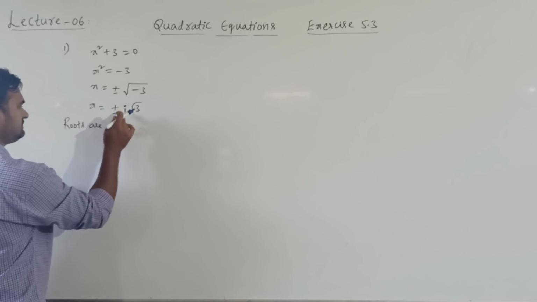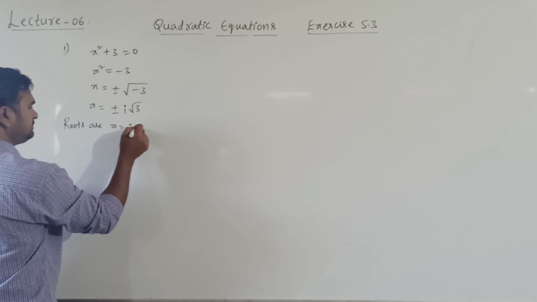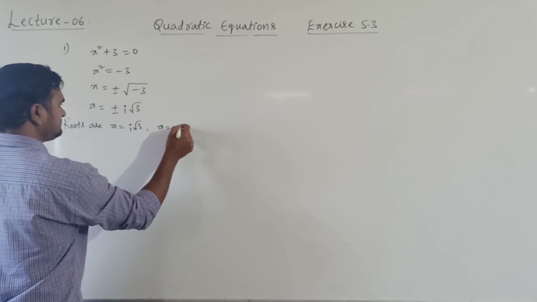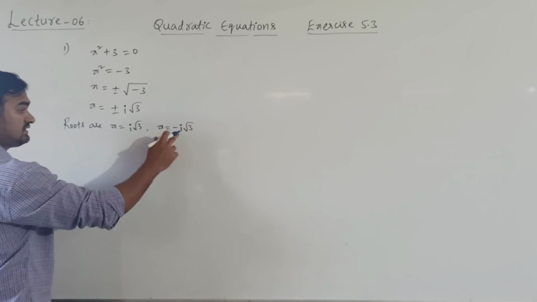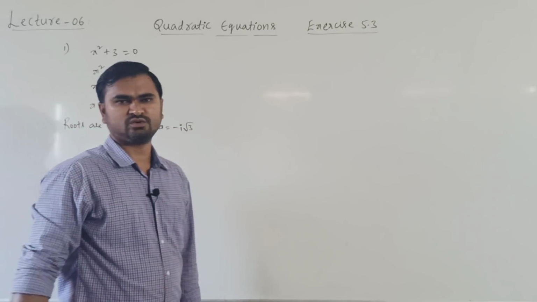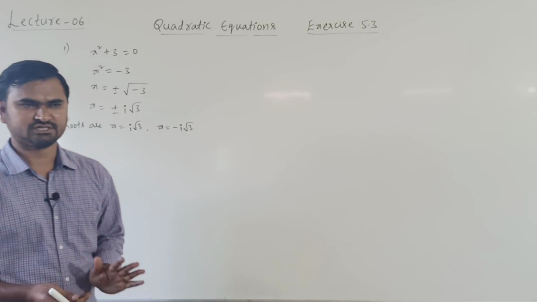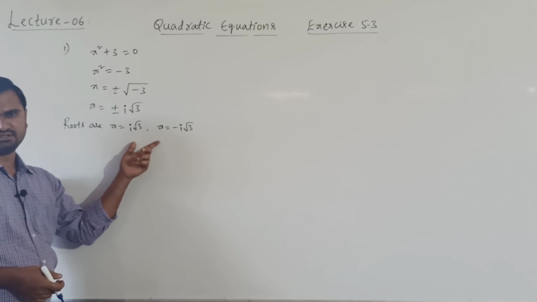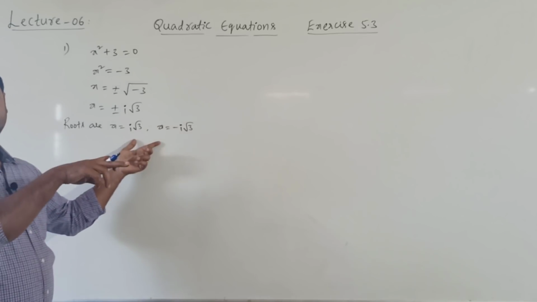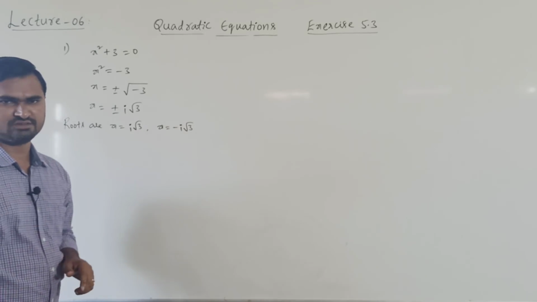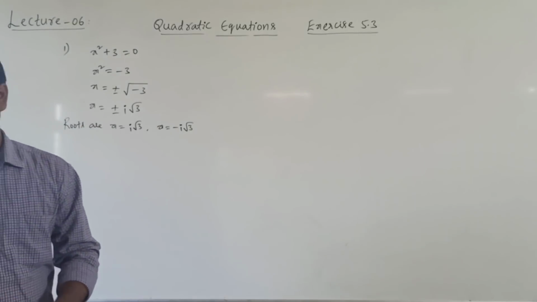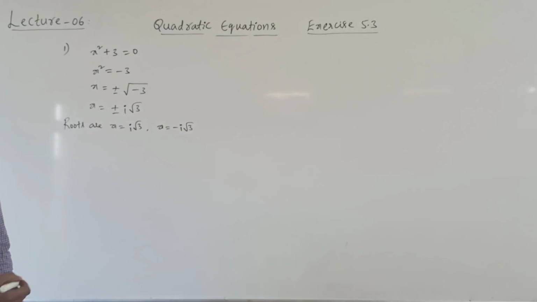If I take plus i root 3, the other root is minus i root 3. So there exist two roots for this given quadratic equation. Understanding? When nothing is given, we have to write all the roots. When it is given that x is a real number, then we write no solution because these are imaginary roots. Okay. Next, see question number 3.